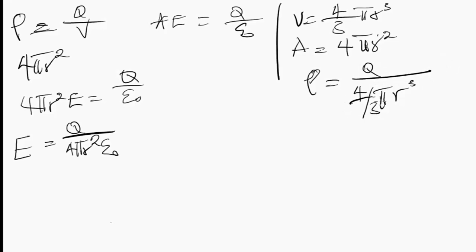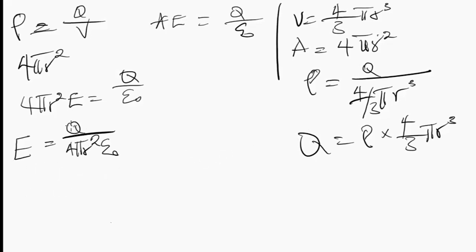Now, if this is true, it means that Q is equal to rho times 4 over 3 pi r cubed.